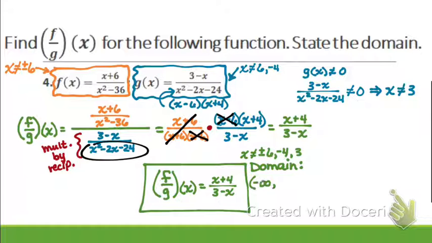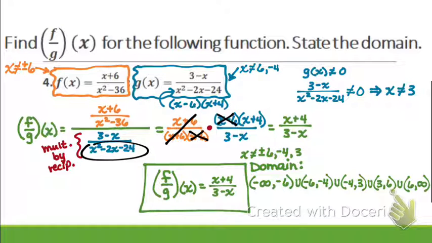All right, here we go. Negative infinity to negative 6. Union negative 6 to negative 4. Union negative 4 to 3. Union 3 to 6. Union 6 to infinity.